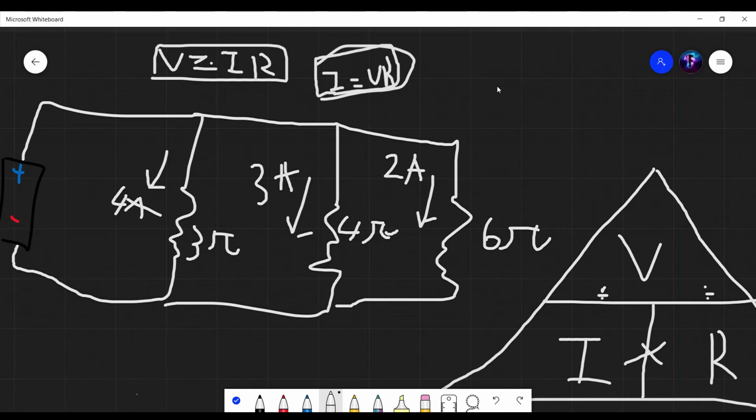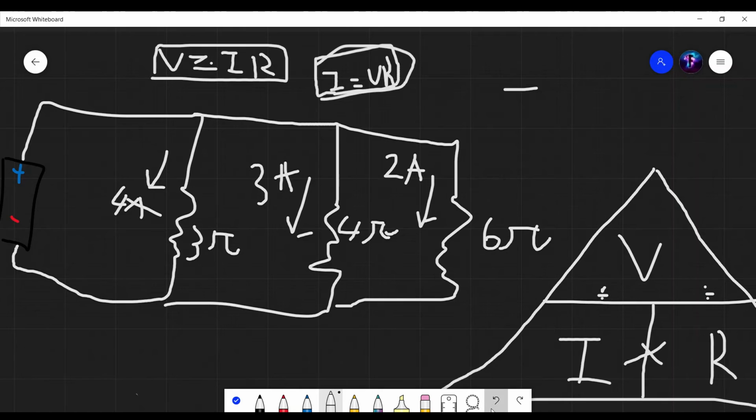So you can summarize that the bigger the ohms, the smaller the amps. So if the ohms are big, then the amps are small. For example, if I put 100 ohms, that would be like 0.000 something. It'd be very small.